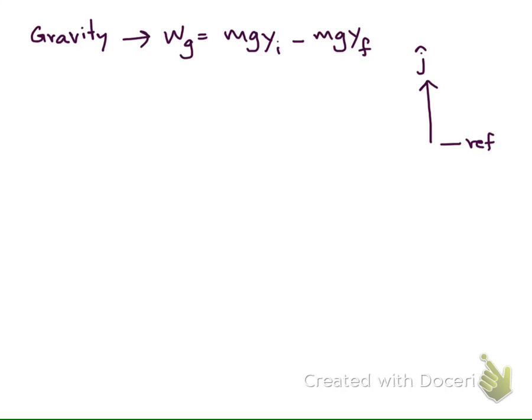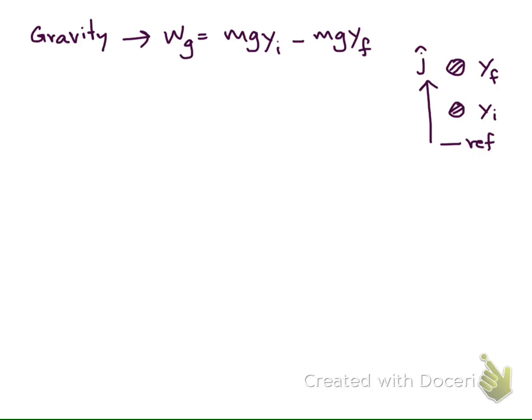So we have an object at a position yi that moves to the position yf, and this is the expression for the gravitational work.